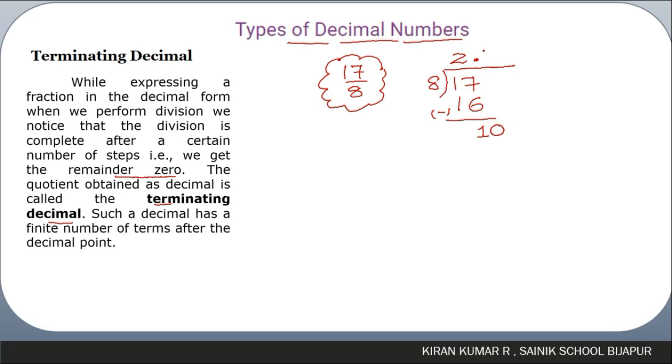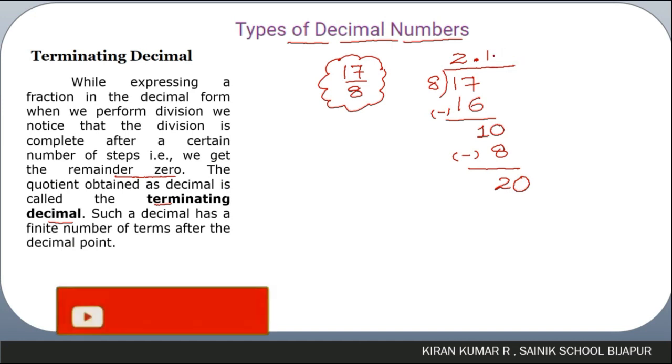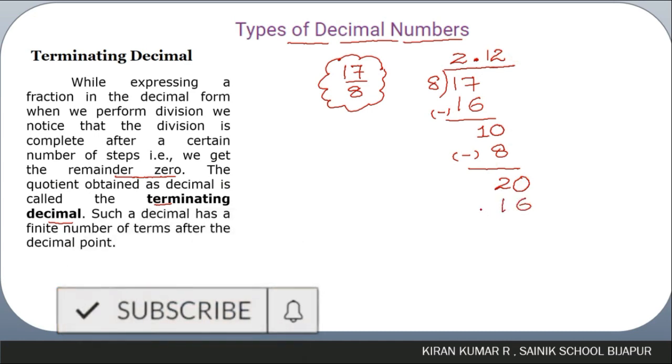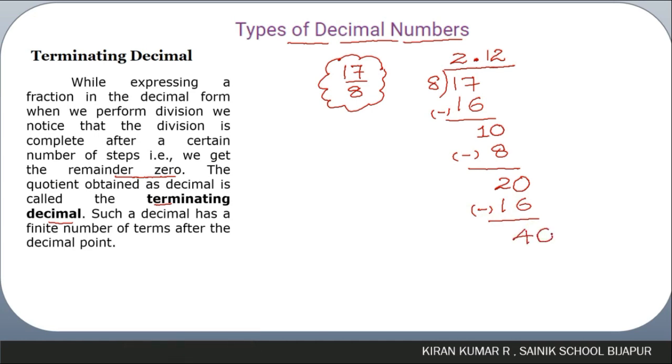Now 8 one time is 8. I need to subtract. We get 2. Since we have placed the decimal, we consider 0 along with the remainder. Then 8 2 times is 16. On subtracting 16 from 20, we get 4. Along with 4, I'll place a 0. Now 8 5 times is 40. On subtracting 40 from 40, I get the remainder as 0.